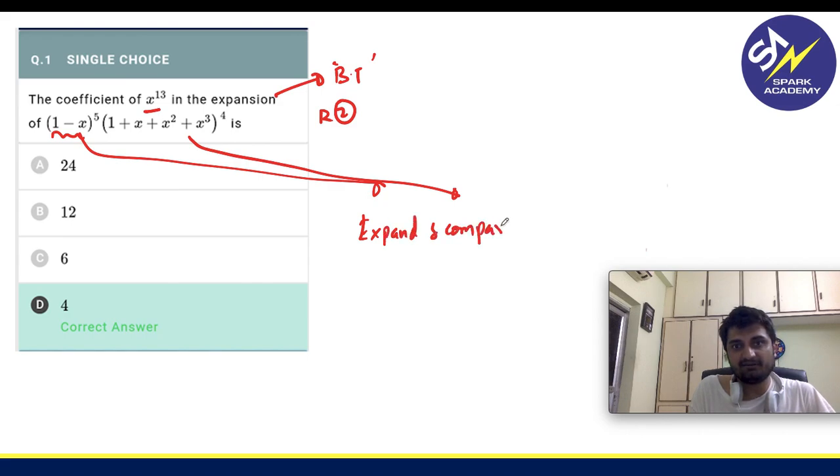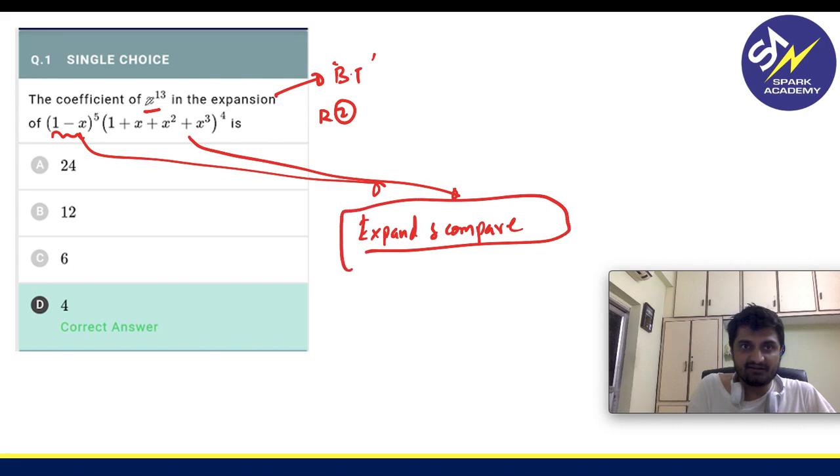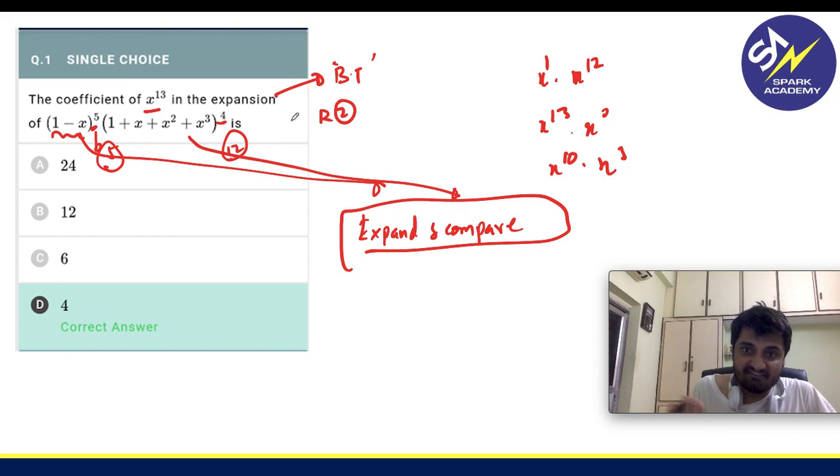How will you compare? X power 13 means x power 1 into x power 12 I can do, x power 10 into x power 3 I can do. This is power 5 actually, so the maximum is 5. Here the maximum will be some 12. So total 17 is there.